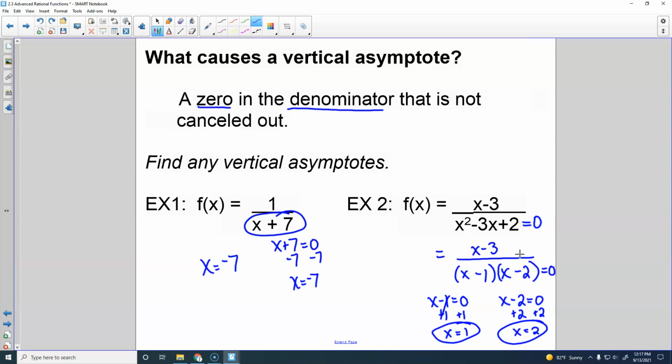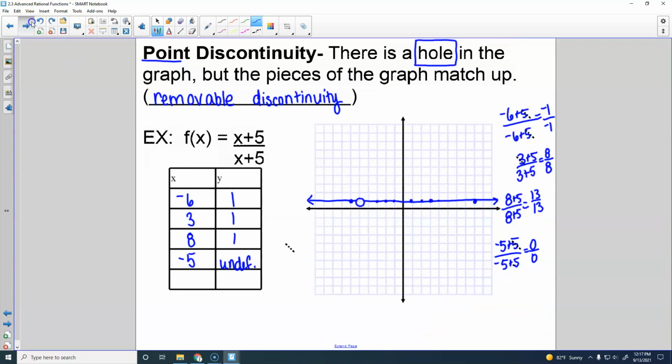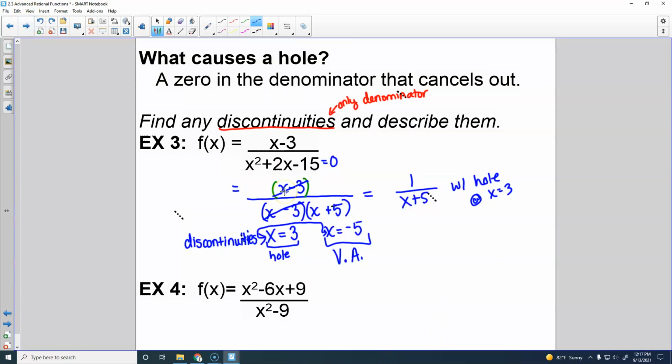So if it does not cancel, then it's a vertical asymptote. In this case, neither one of them canceled, so they were both vertical asymptotes. So it is possible that neither cancel. It is also possible that both, like you have two and everything cancels and you only have holes. So it all depends on whether or not they cancel or not. So canceling is holes, not canceling is vertical asymptote.